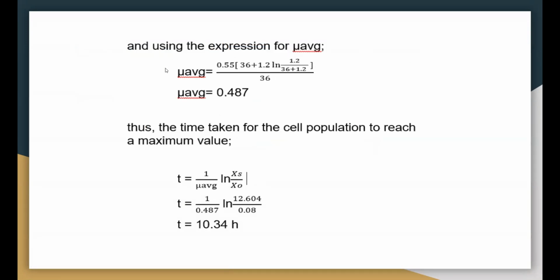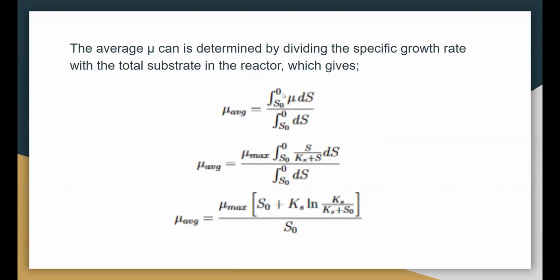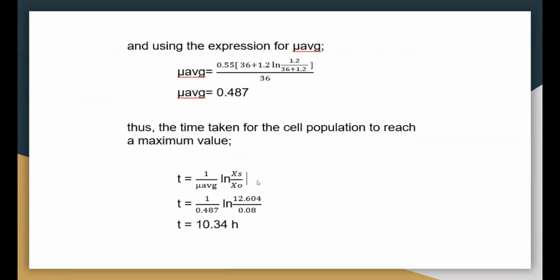This equation comes from this one. After we got this, we just fill in the values from the question, and we get 0.487.